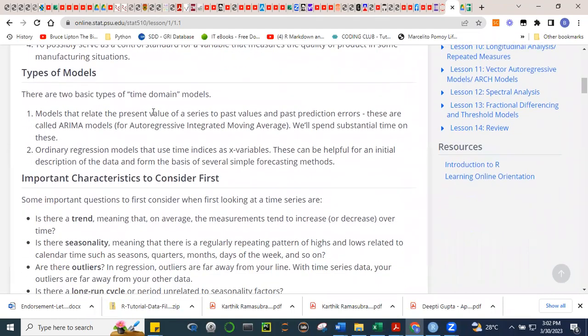The model that we're going to use, as mentioned before, is the one developed by Box and Jenkins. It's called the ARIMA model, autoregressive integrated moving average.